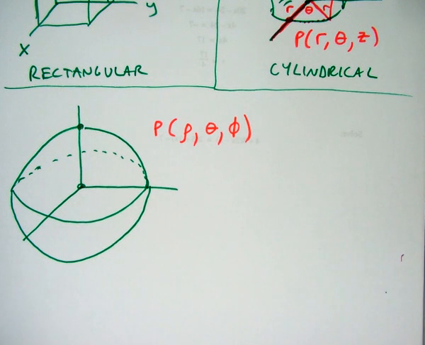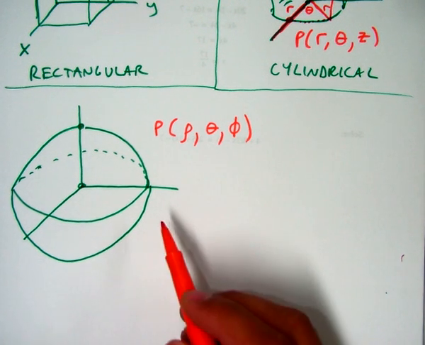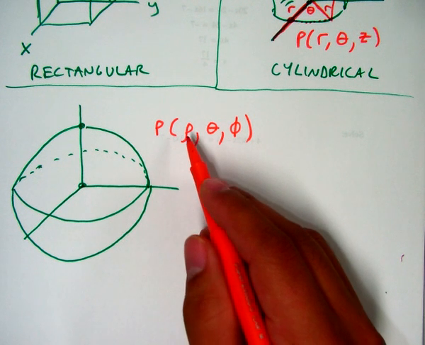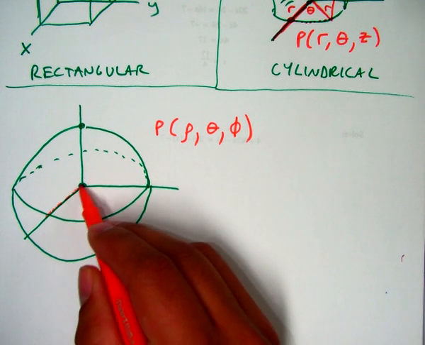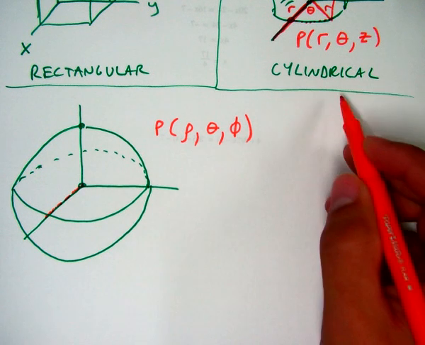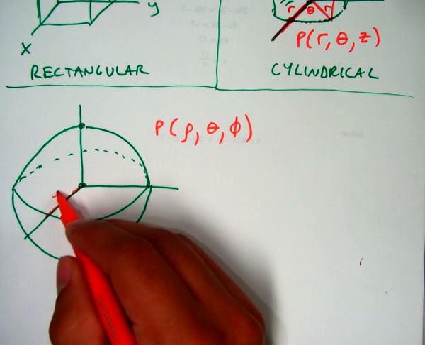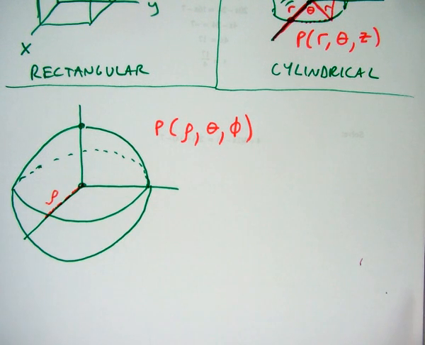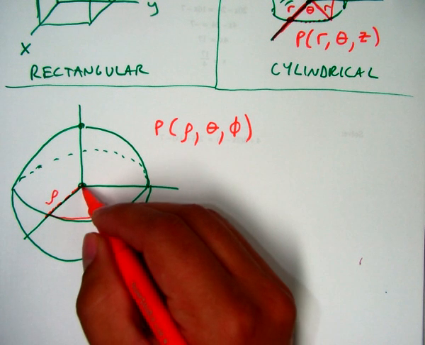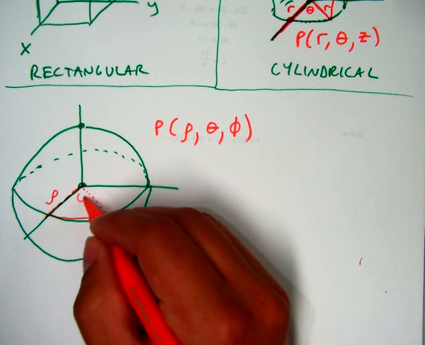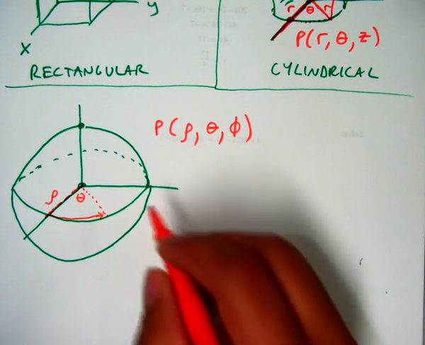Okay? So what this means then, so if you imagine what we did first, go out a radius rho, and now theta means rotate, theta, rho.